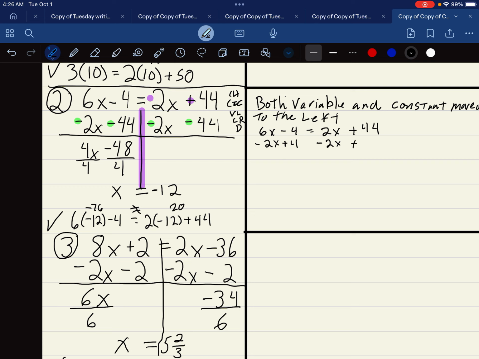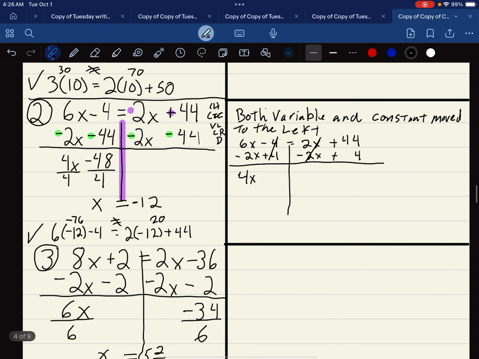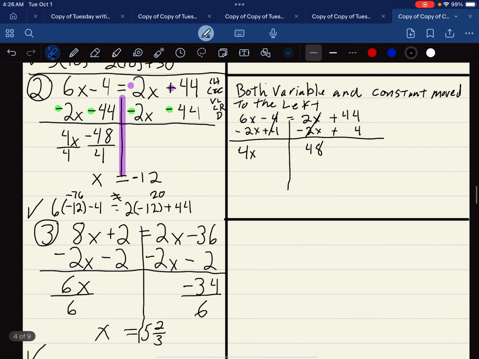That way I'm splitting my constant and my variable on opposite sides of the equal bar. So that gets you 4x, and that goes 0. Sorry, I forgot my x. There we go, that's 0. That's 48. See how the 48 is now positive? So this time when I divide both sides by 4, I get x equals 12, a positive 12 instead of a negative 12.